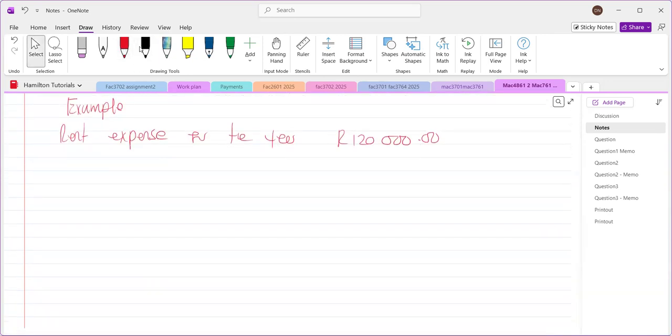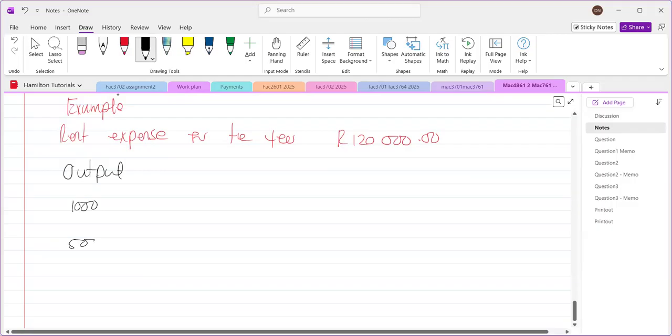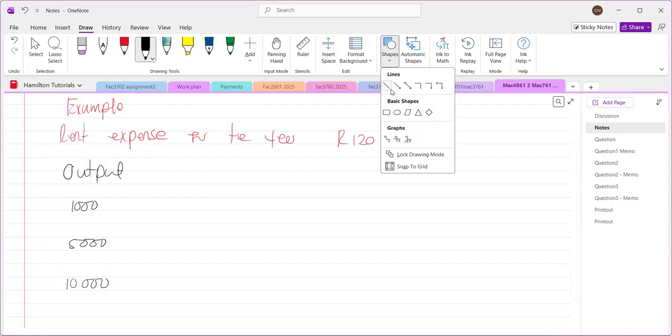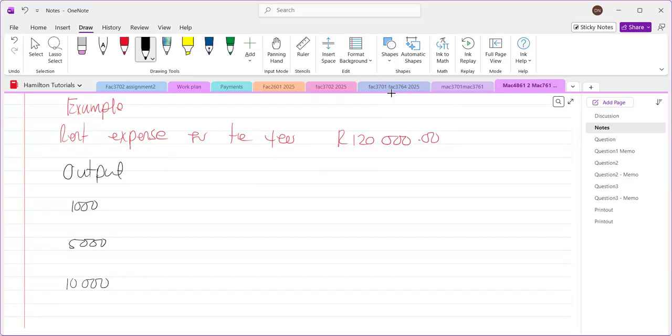In terms of output, you produce 1,000 here, 5,000 here, 10,000 here. Now remember, when it comes to the rental amount, you are being charged by the owner of the space, probably on square meters occupied.